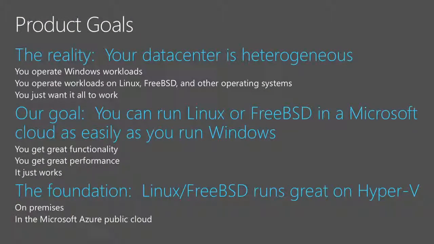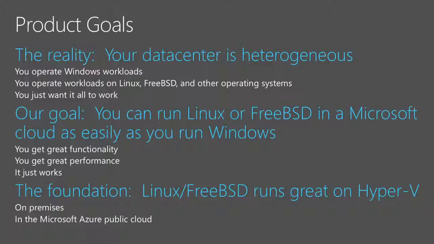From a product goals standpoint, the reality is your data center is heterogeneous. You run Windows, you run Linux. Some of you are still running some Unix operating systems as well. And so from a Microsoft standpoint, we want to make sure that you can operate those workloads on Hyper-V, that you don't have to bifurcate your world, run the Windows guys over here, run the Linux workloads over here. You just want it all to work.